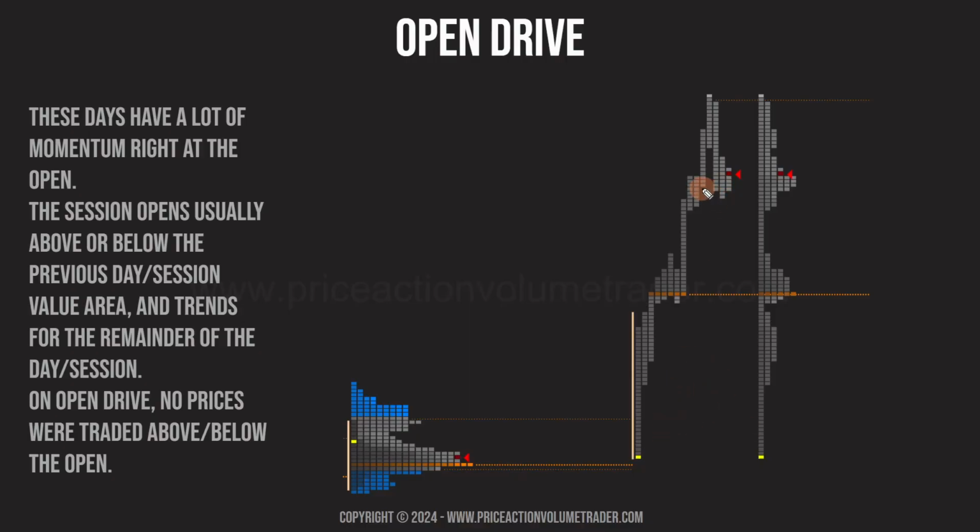These days are not very common, this type of session, but they do appear. You can see we did have a nice wide opening range here on the A and B periods, and then you can see how we have big singles here, a big gap, and we left pretty much a profile with a low volume node here, and we ended up closing right around the highs.